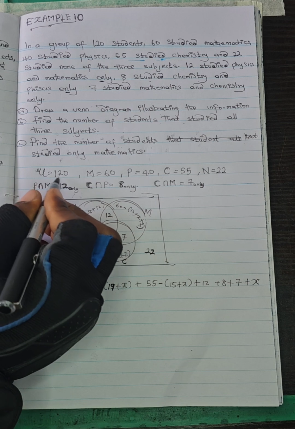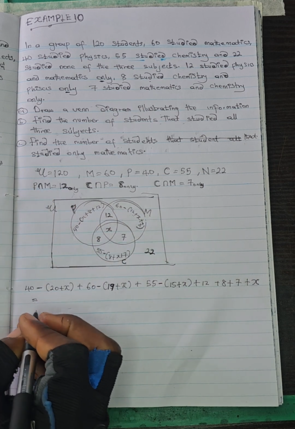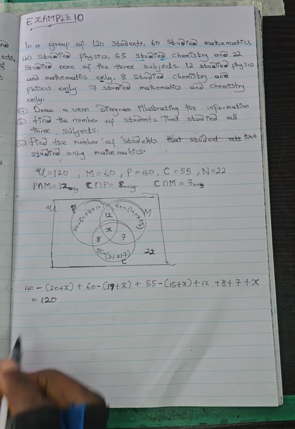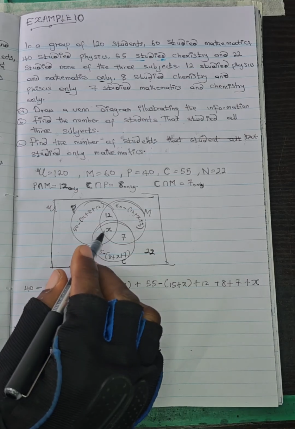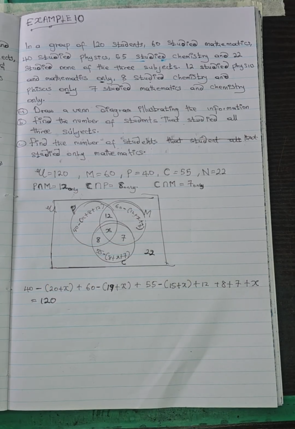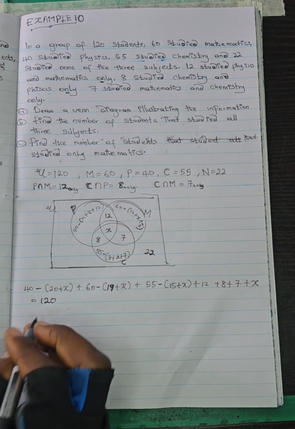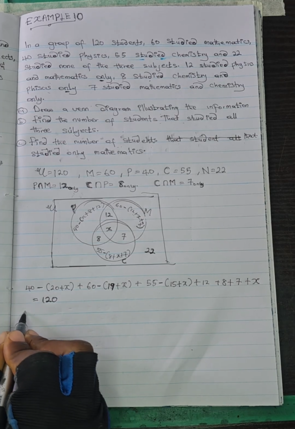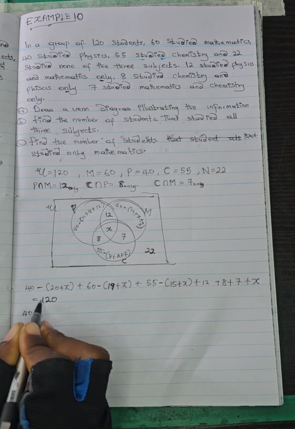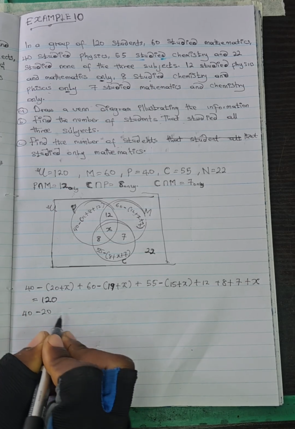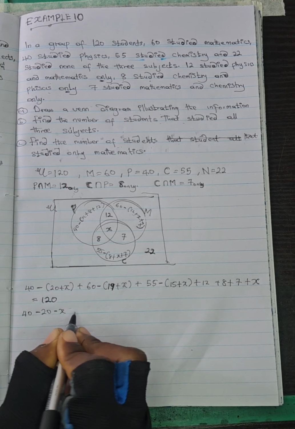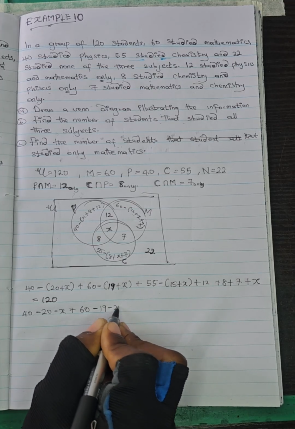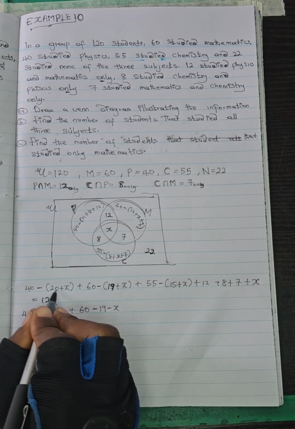The universal set, which is what? 120. Now, why are we solving all this long process? Just to find the value of X. Are we together? So when we open up this bracket, we have 40 minus 20 minus X plus 60 minus 19 minus X. Mind, when you open up bracket, minus will multiply everything.